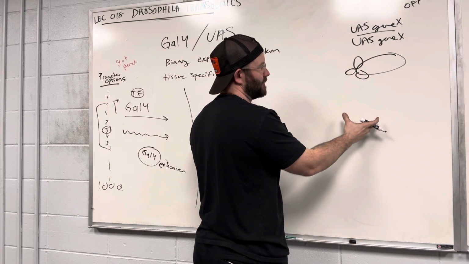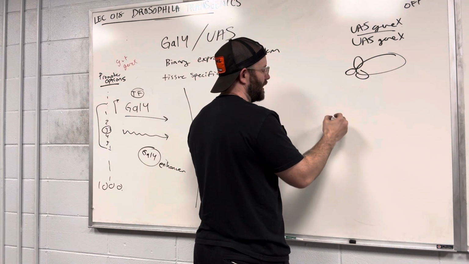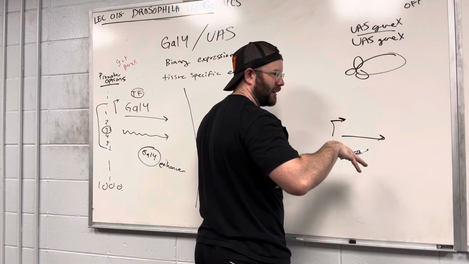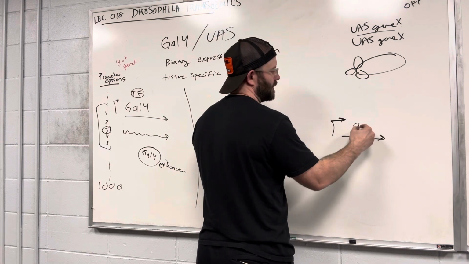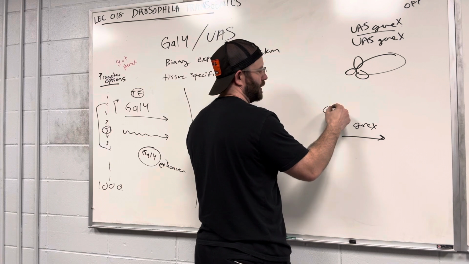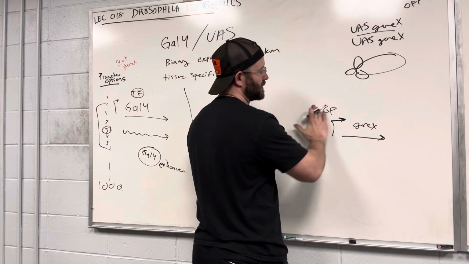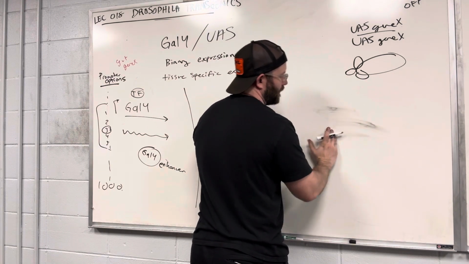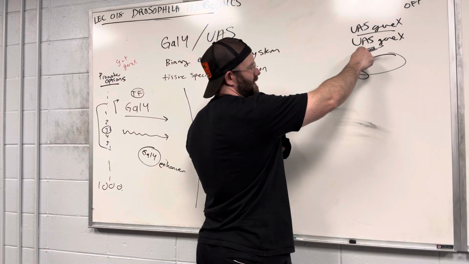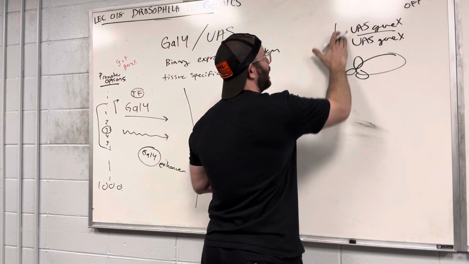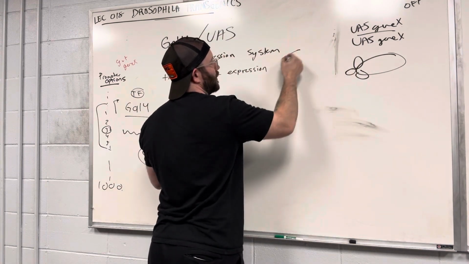That's another reason the system is good, because most of the time, you want inducible control over your gene X. If you were to build your gut promoter gene X, that's not inducible, okay? But if you build this, its native state is off.